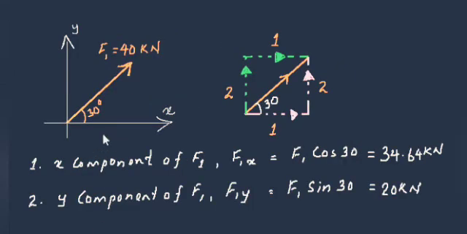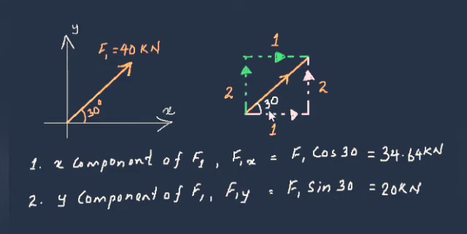So in the figure shown, you have got a force of 40 kilonewton acting at an angle 30 degree with the x-axis. So you have your axis system x and y and a force of 40 kilonewton. To resolve the force into two components, I have just shown this simply here. What you need to do is create a lower triangle or an upper triangle around the force.